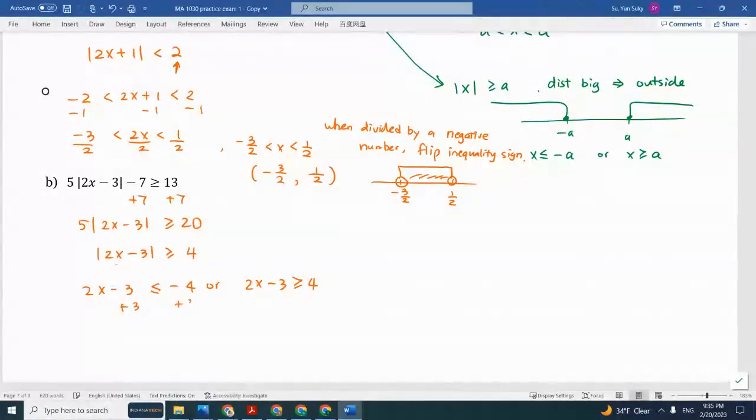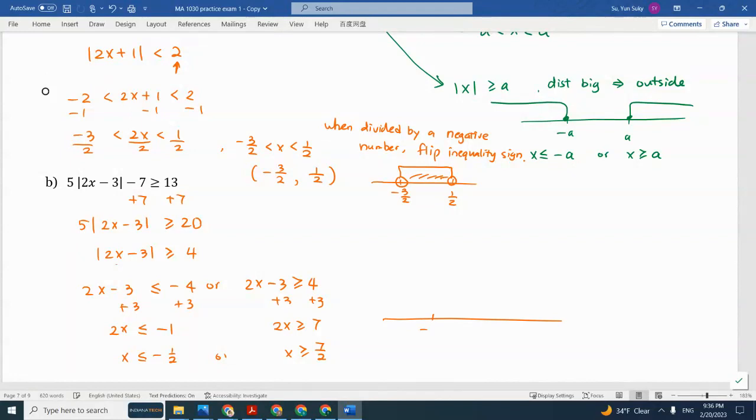Add 3 on both sides, and then divide by 2. Here, add 3 on both sides, divide by 2.